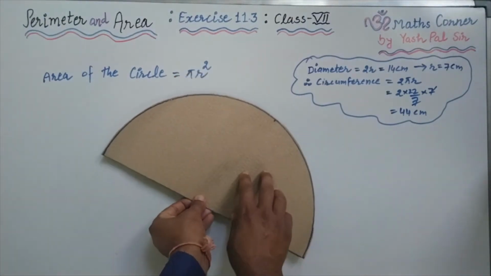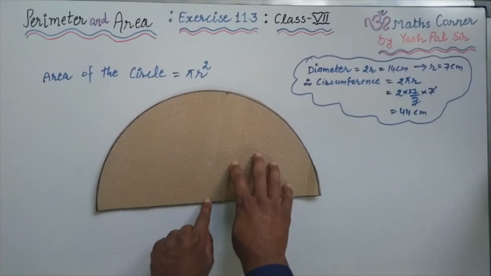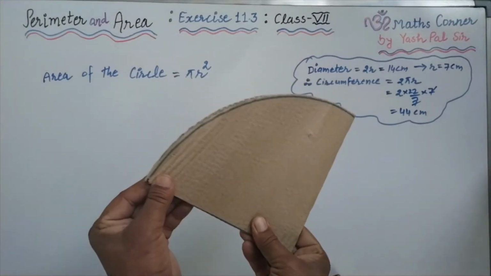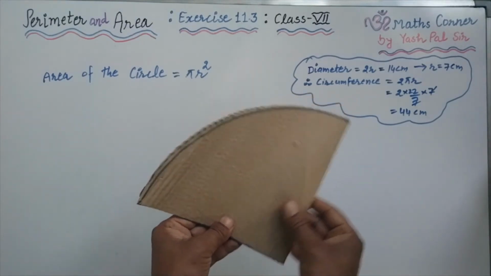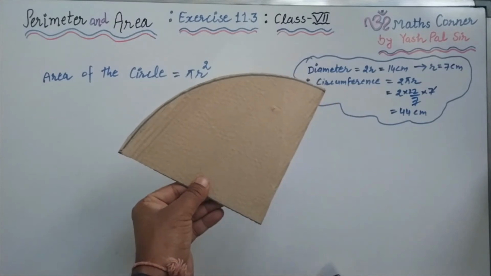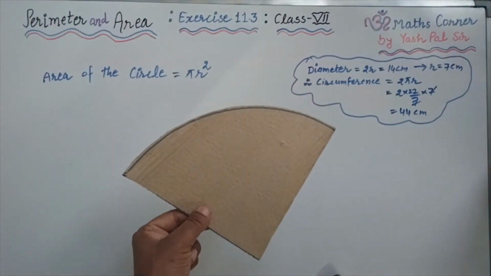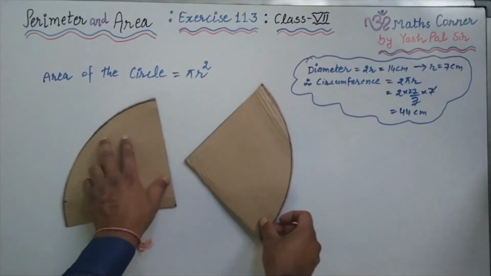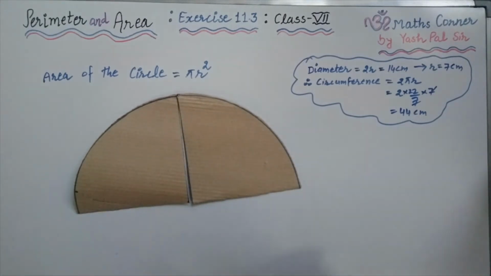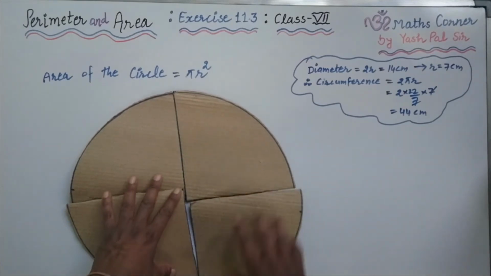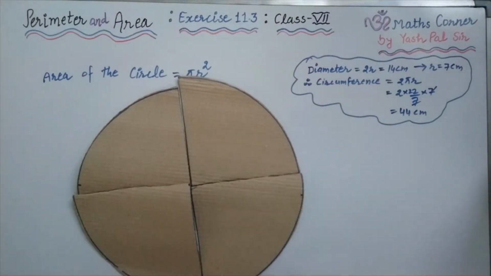Now again dividing these two equal parts, placing one over the other, again two equal parts. This way I have folded this cardboard sheet. So this way we have divided one complete circle into four equal parts.